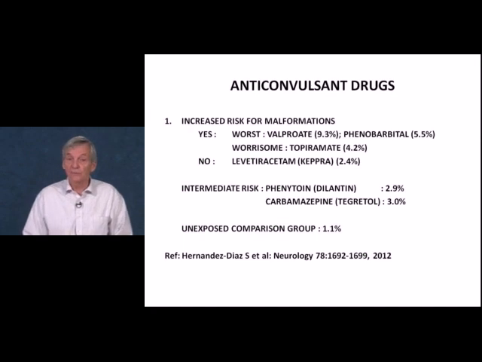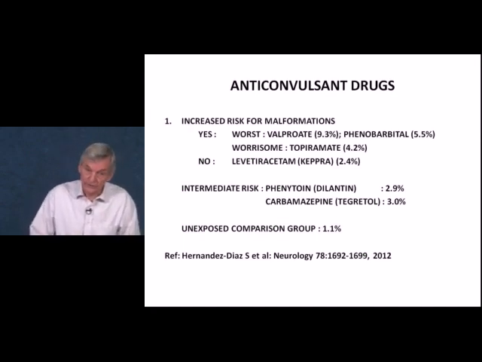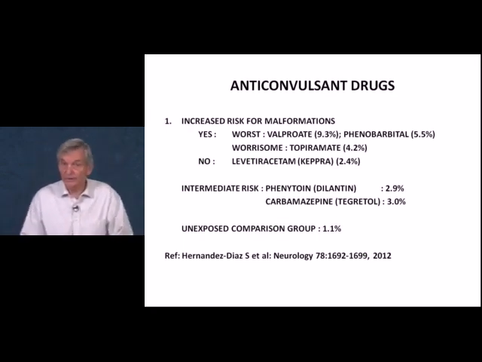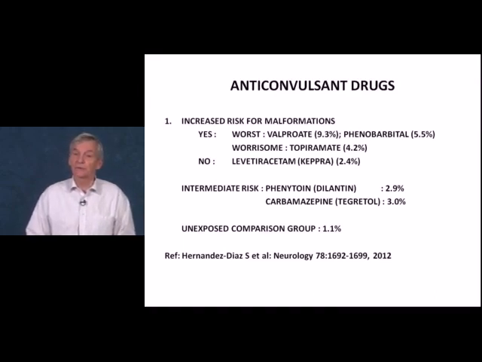The good news is some of the new anticonvulsant drugs, levetiracetam, or Keppra is the brand name, is an example of one where the rate of malformations appears to be quite low. And generally, when unexposed comparison groups reach a sample size that's big enough, they show a range of about 2% as the frequency of birth defects in an unexposed control group.